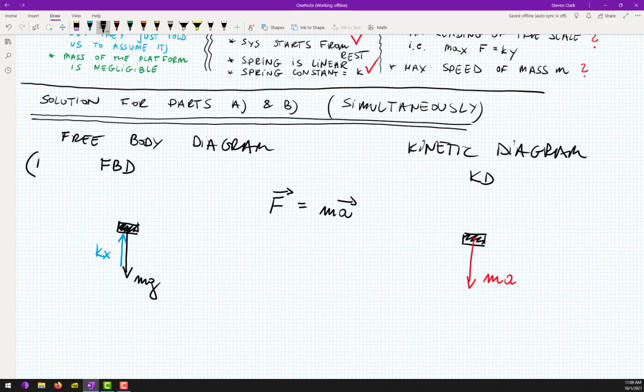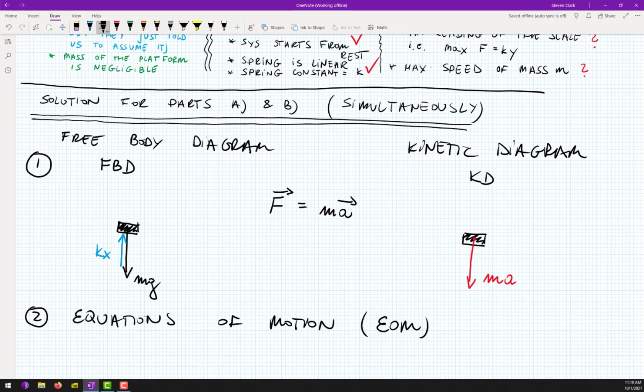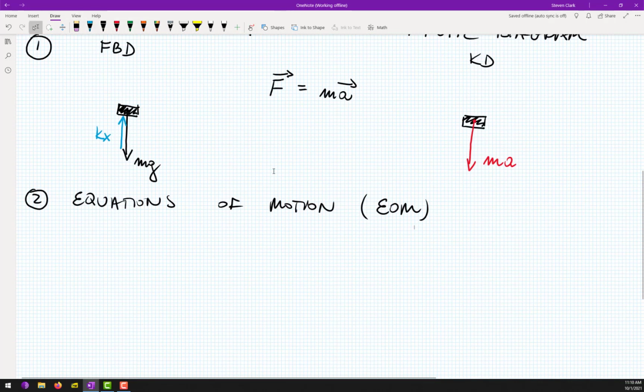Second step, so this is first step. Second step of our solution is equations of motion. But this is a waste of ink. Let's from now on write EOM, okay? Every time we talk about equations of motion, we will do EOM. Okay, so sum of forces in this direction, yeah?